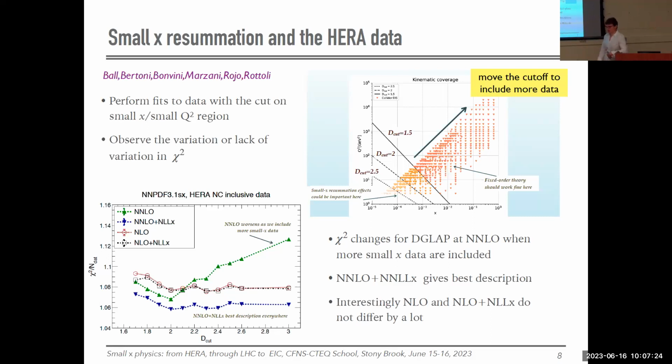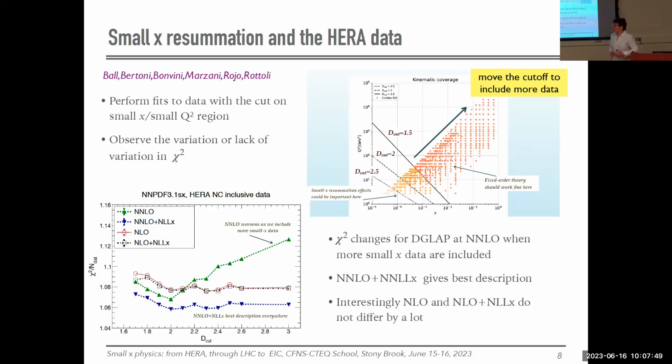They also fitted the HERA data with saturation, and the saturation scale comes out to be about 1 GeV, maybe at x of 10 to the minus 4. So then you're in this gray regime: is it really perturbative QCD or not?